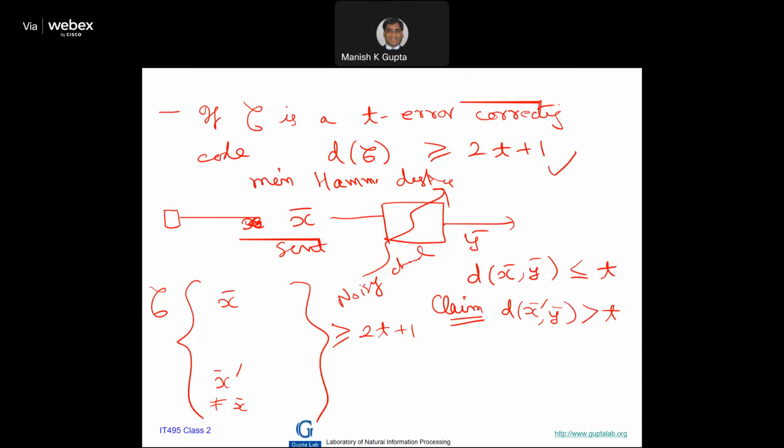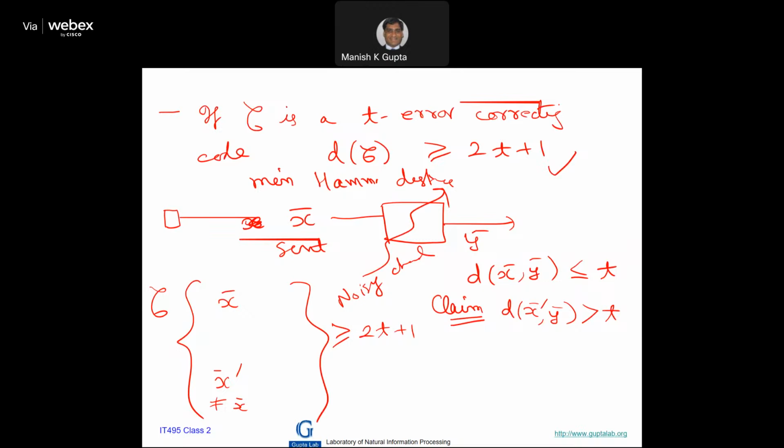If this distance is more than T, then we are able to correct, because basically what it says is that the distance between received vector Y and the one which was sent is at most T. For all the other vectors, the distance of received vector with all other vectors is more than T. Then we will be able to correct, right? It's a very natural thing, right?